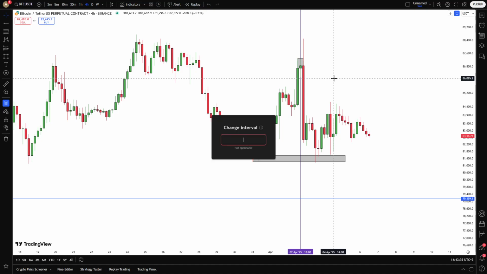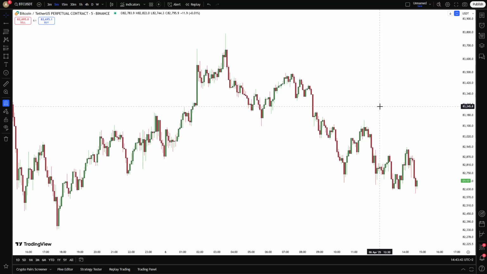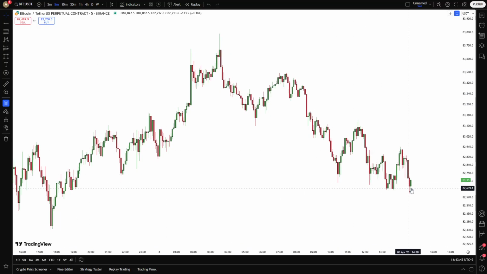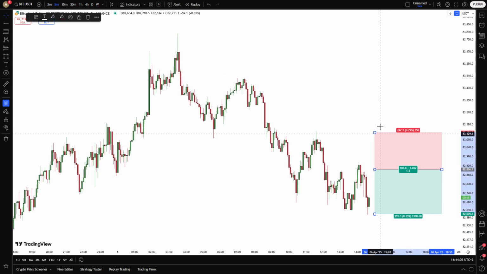Because for me, let's just go on to the 5 minutes. Who has a better invalidation here? Longs. Support, support, support. Previous starting point of the bounce. And for a bear, his invalidation would have to be here. Unless price comes here.